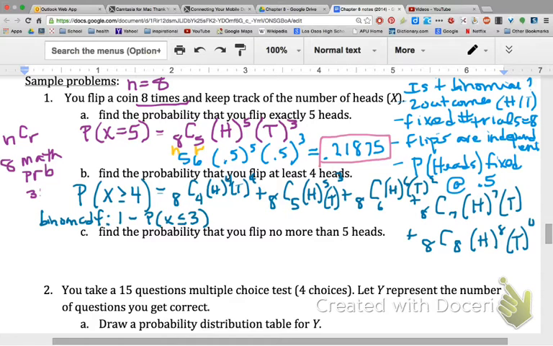So now binomial CDF as well as PDF, it takes 3 parameters after it. And I forgot to do this back earlier in your notes, but it takes n, p, and x. And x is your number of successes. So our n was 8. Our probability of success, that was heads, was 0.5.